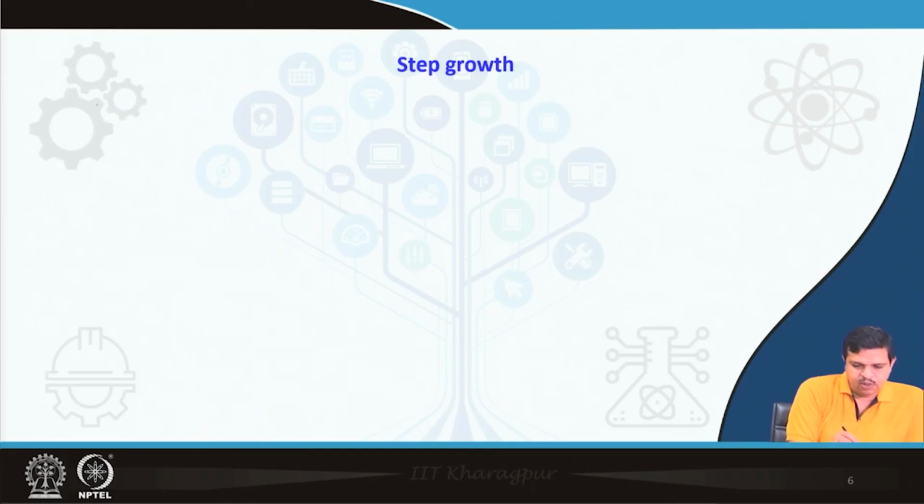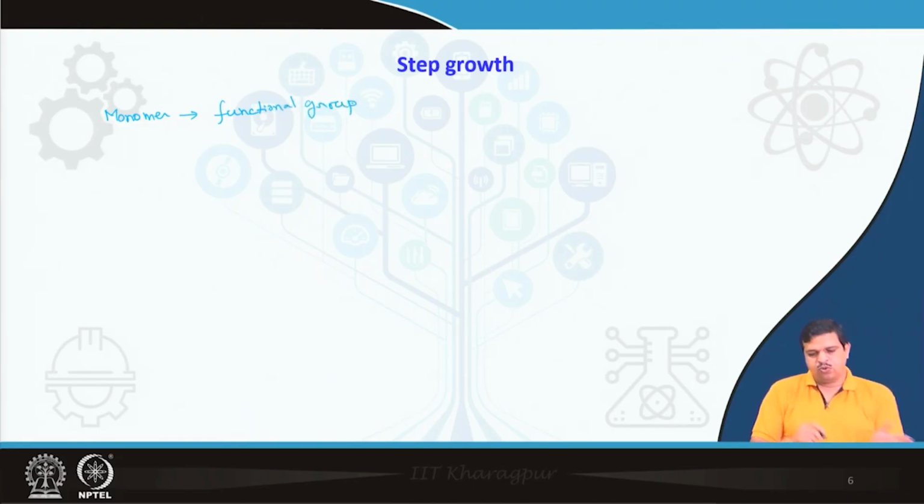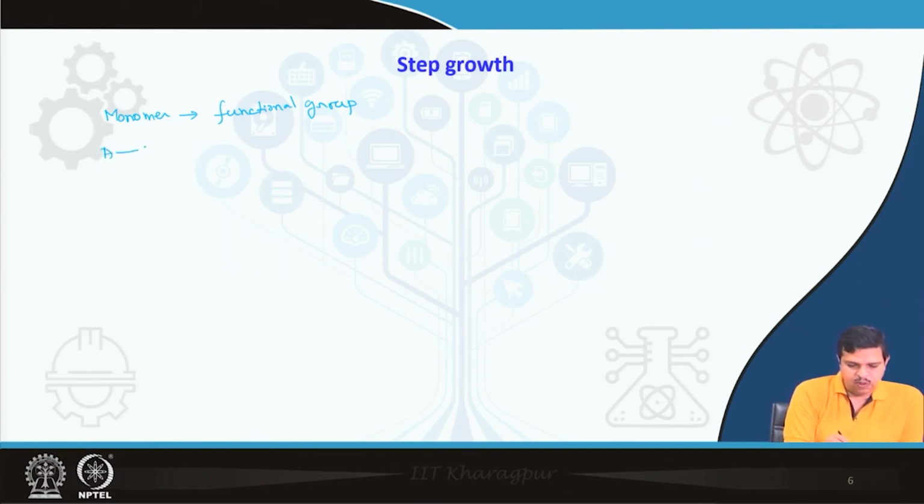Okay, as an example, let us say monomer, there should exist a functional group which can react with another functional group. This functional group and this functional group may be of the same type, like this is one monomer, let us say, and another monomer is, let us say, like that.